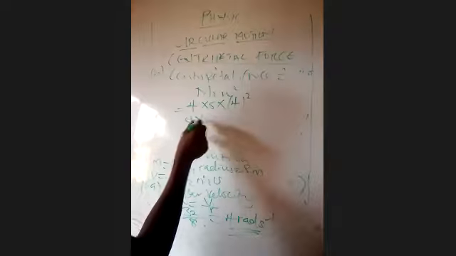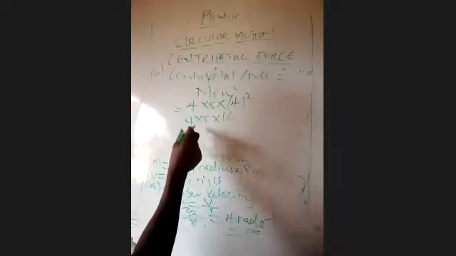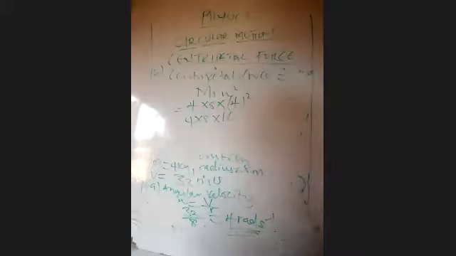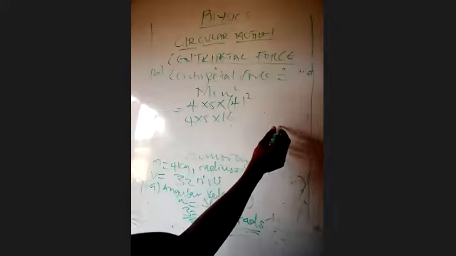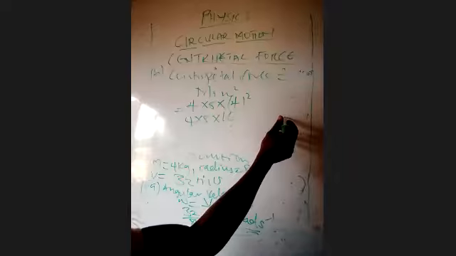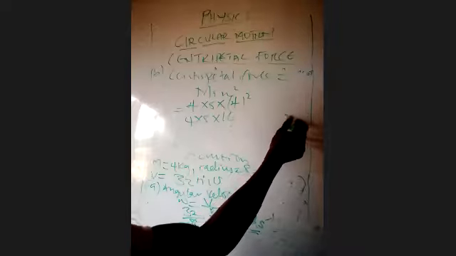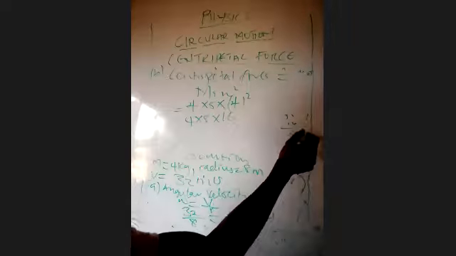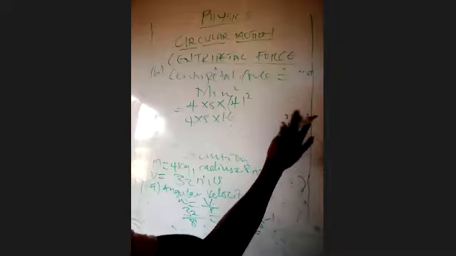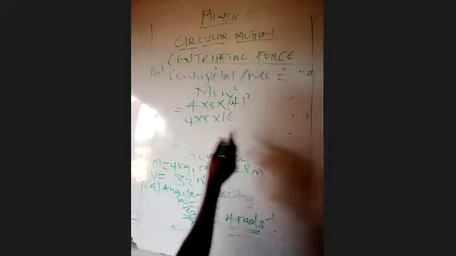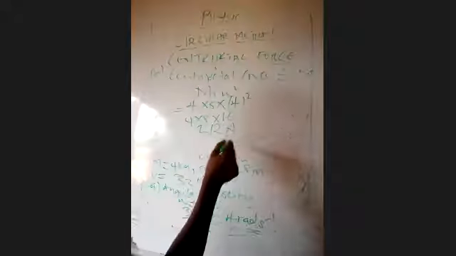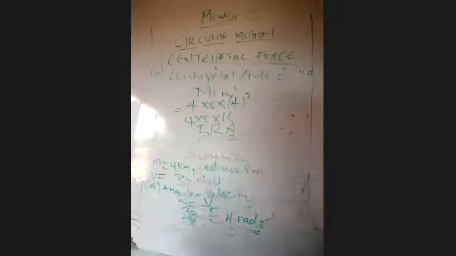This will be 4 times 8 times 16. 4 times 8 will give us 32, times 16, this will give us 512 Newton. That's our centripetal force of the body.